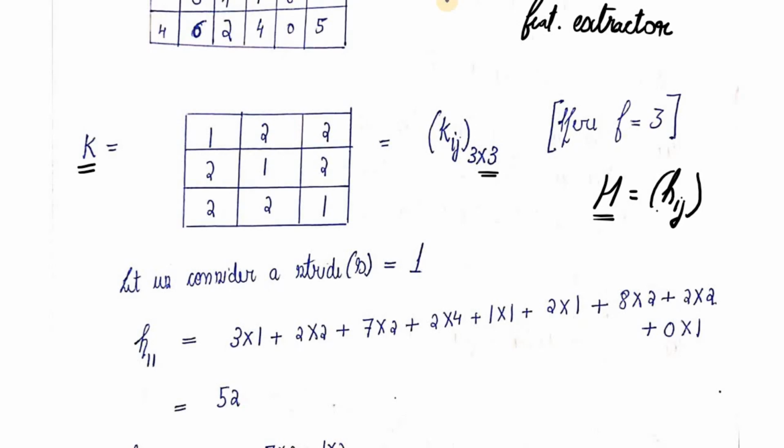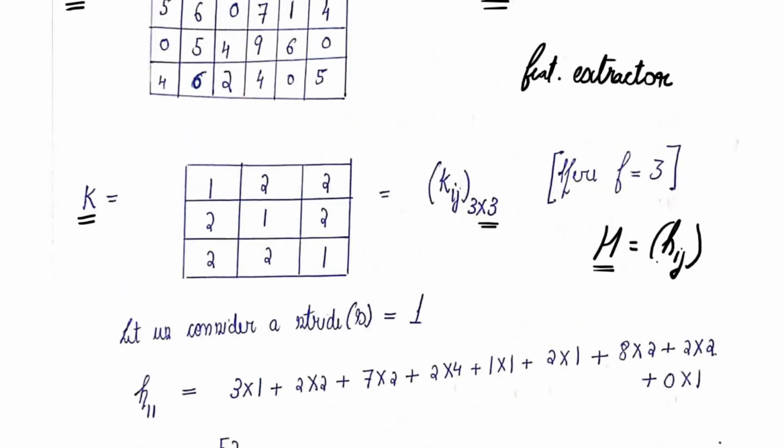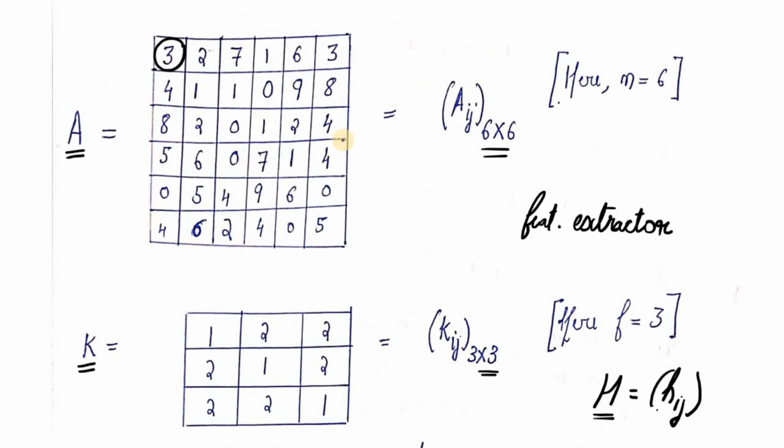Just to throw some light on how the calculation will work in the case of H11, we will consider the first 3 cross 3 submatrix of the given matrix A, which is this. This is the 3 cross 3 submatrix of A, and K is the feature map or the feature extractor which we have.